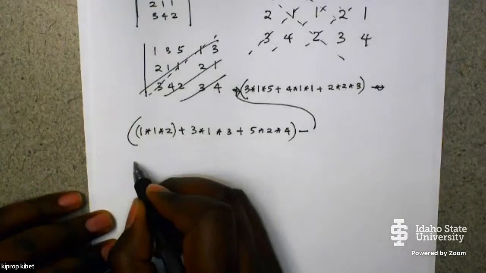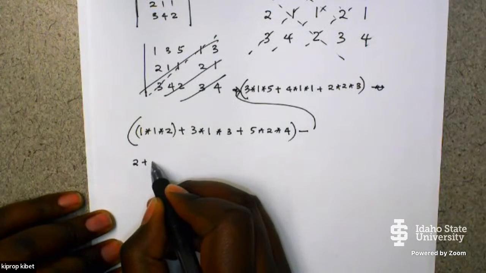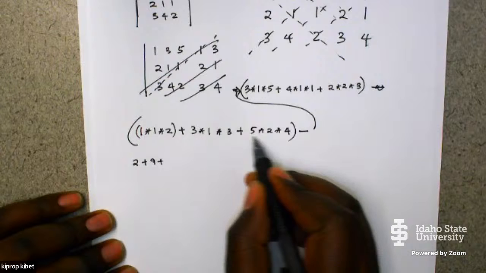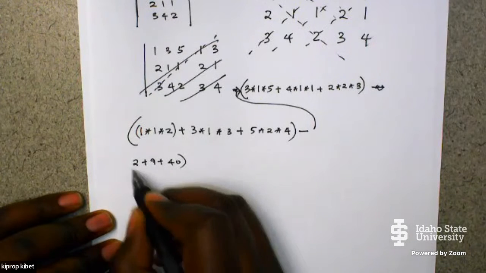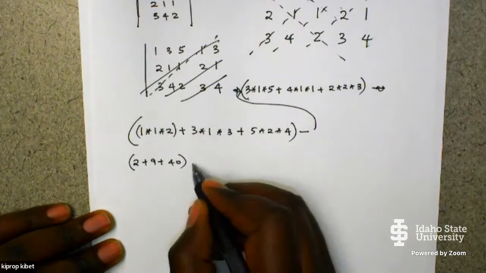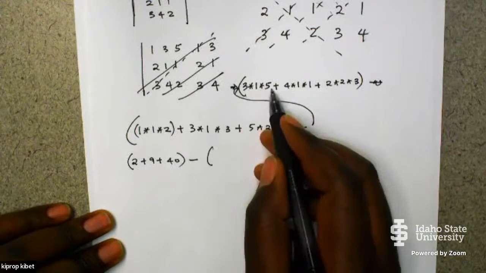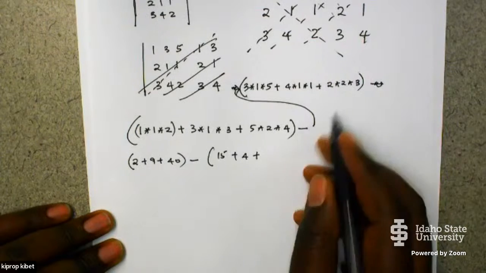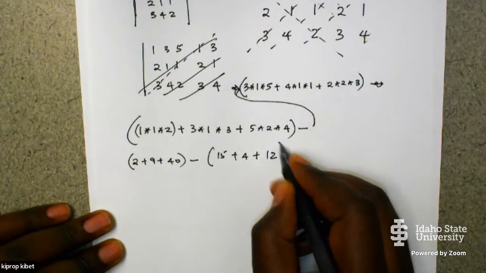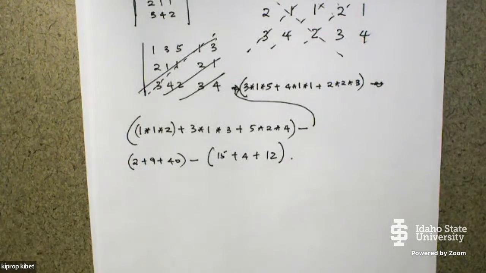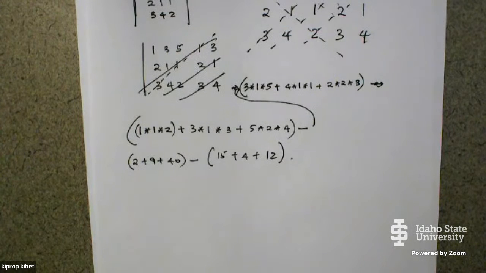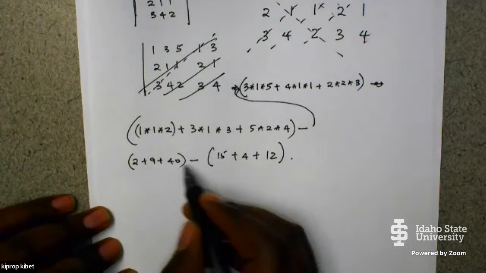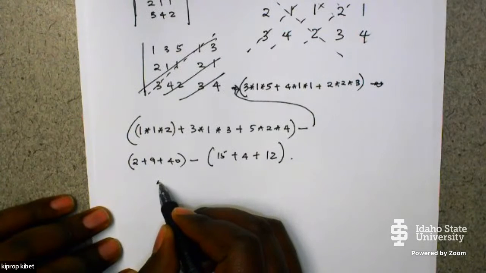So this is giving us 2 plus 9 plus 40, minus, this is giving us 15 plus 4 plus 12. So what is this? Is this 51?